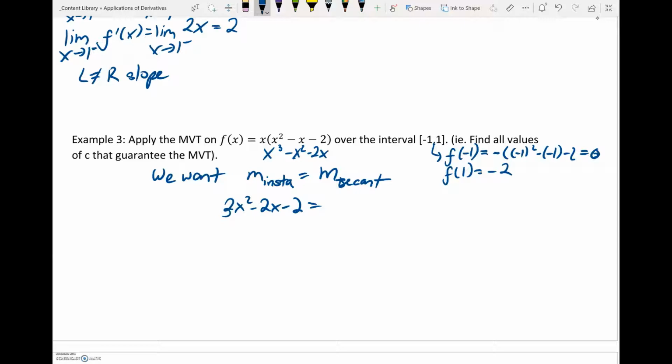Then your secant is y2 minus y1. So that's minus 2 minus 0 all over x2 minus x1. And that's going to be 1 minus -1. Now we want to simplify this and solve for that x value.